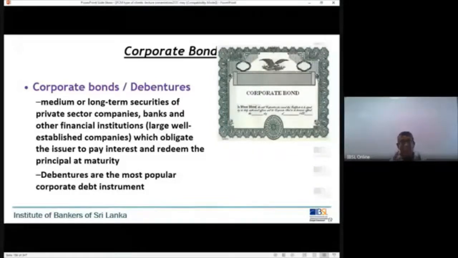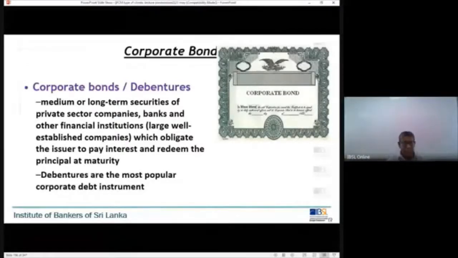Now I ask you, what is the difference between a debenture issued by a corporate entity or a company and a bond issued by the central bank? What is the difference between these two?